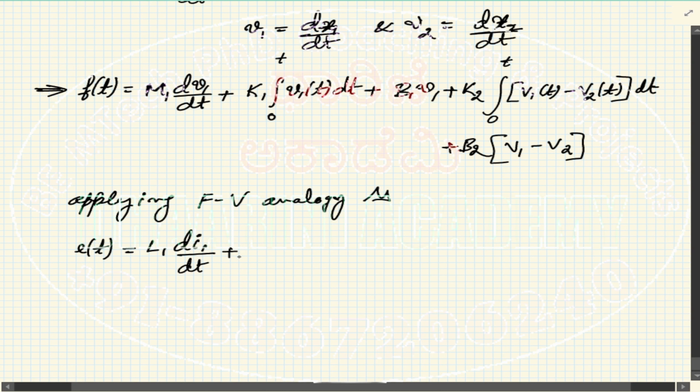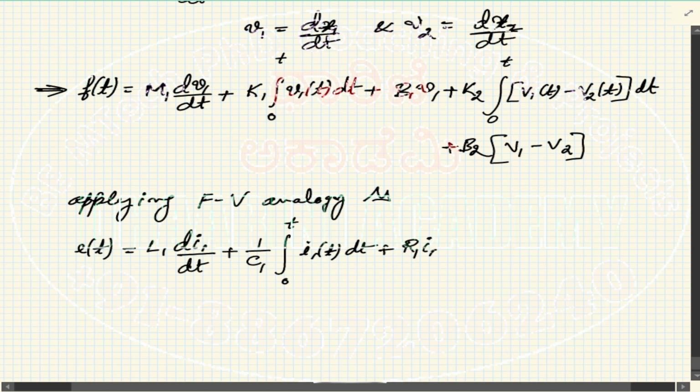Then there is a k1. K is 1 by C, so this becomes 1 by C1 into the integral from 0 to t, velocity is current, so this is I1 of t dt, plus B is a resistance, so this is R1, and v1 is I1.